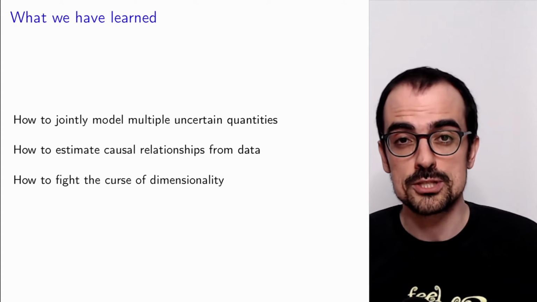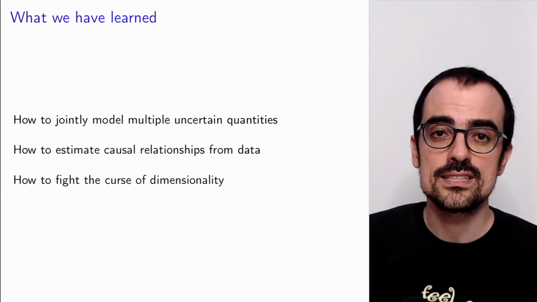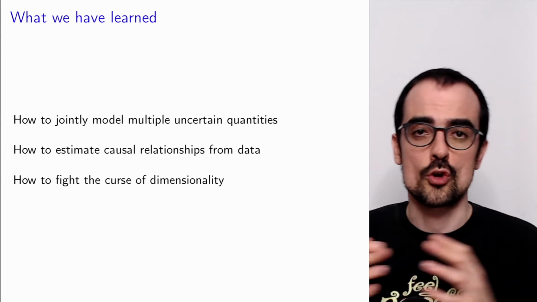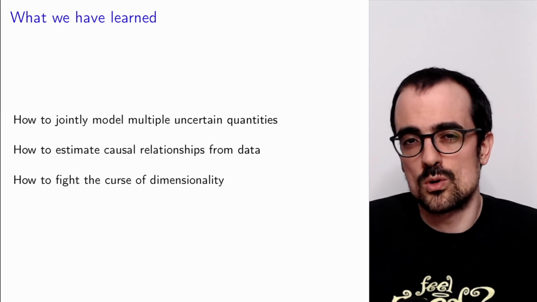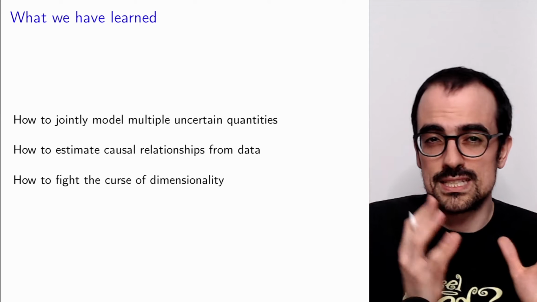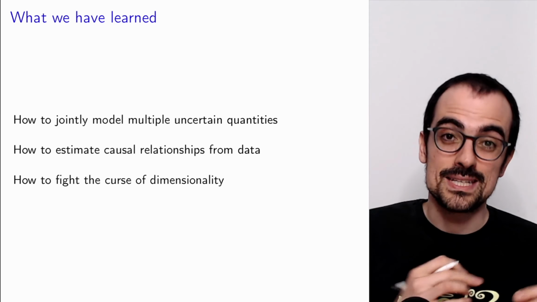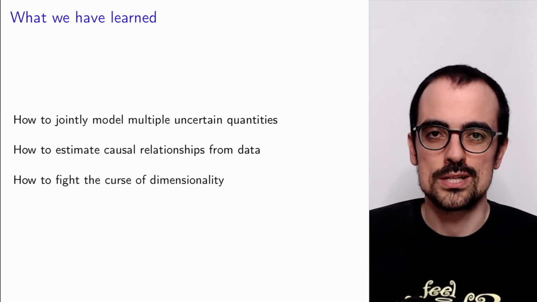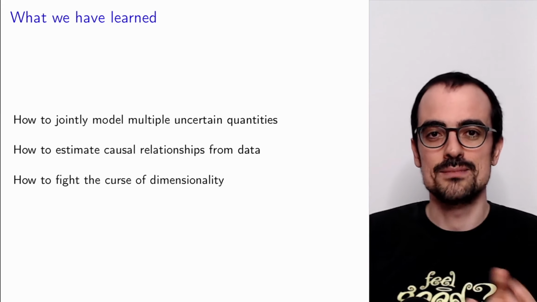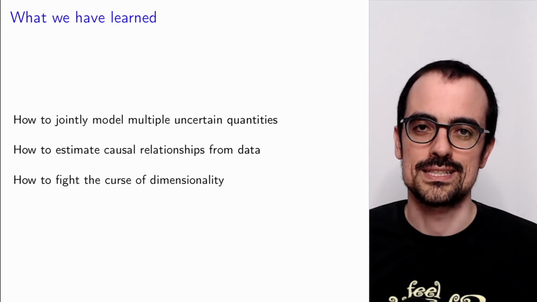That's called the curse of dimensionality, and the way to fight it is to make independence or conditional independence assumptions that usually don't hold exactly, but that give you a model that is useful and allows you to do whatever you want to do while being tractable, while being simple enough that you can fit it from data.